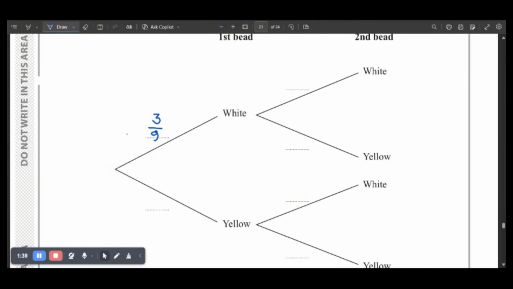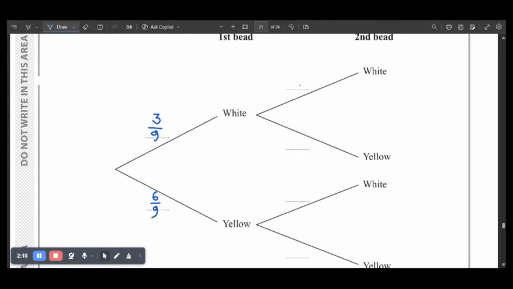So the probability is 3 by 9. We calculate yellow in the same way: there are 6 yellow beads and the total is 9, so the probability of choosing yellow as the first bead will be 6 by 9.